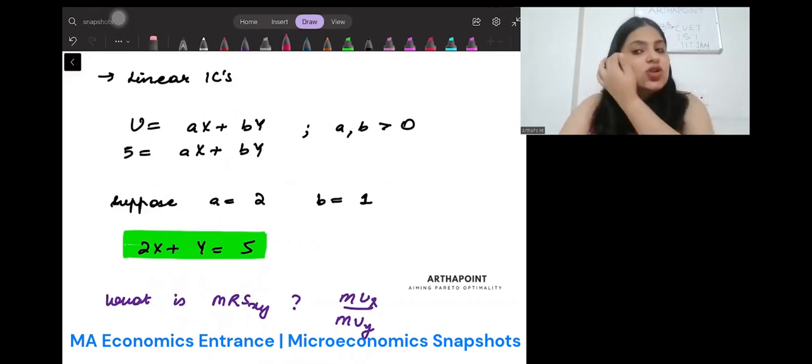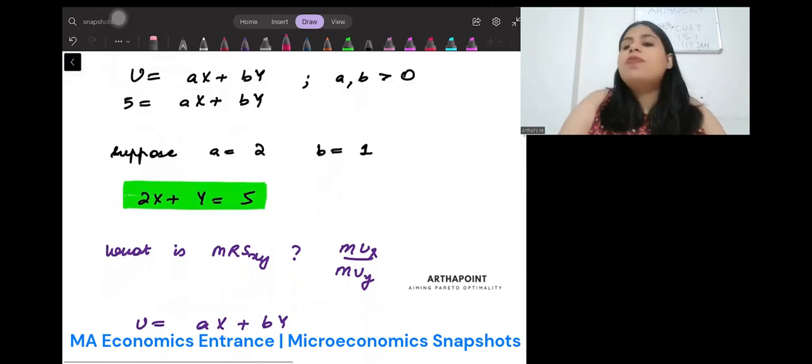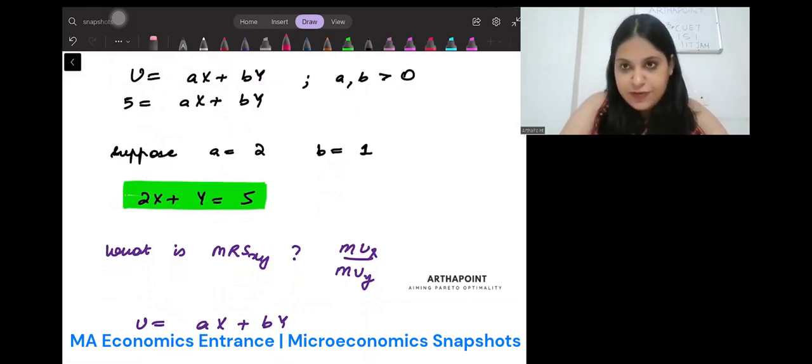A and B tell us the rate at which we can substitute one good for another. So take an example. Suppose I want to hold utility constant at 5. Then I will have 5 is equal to AX plus BY. We can have some values of A and B given to us.